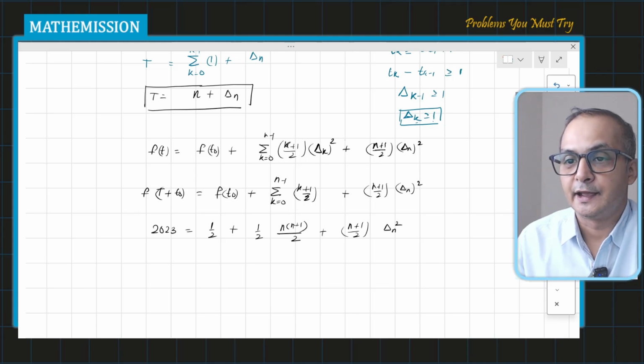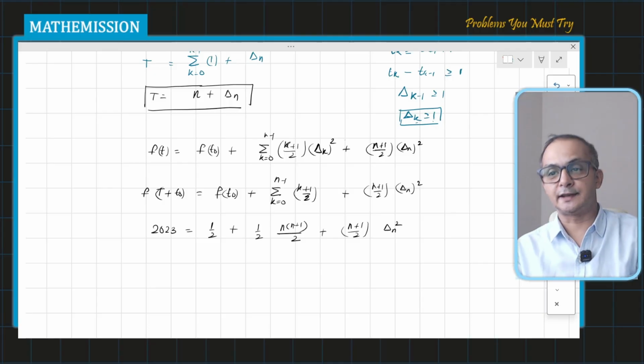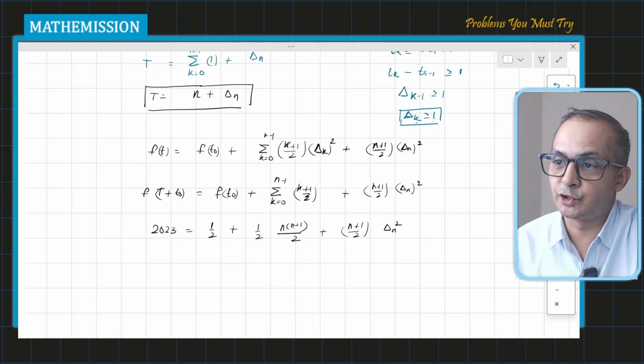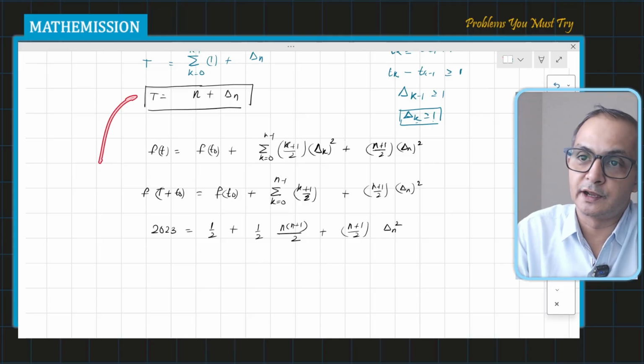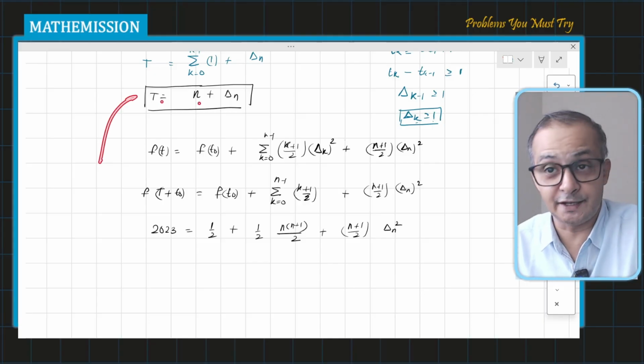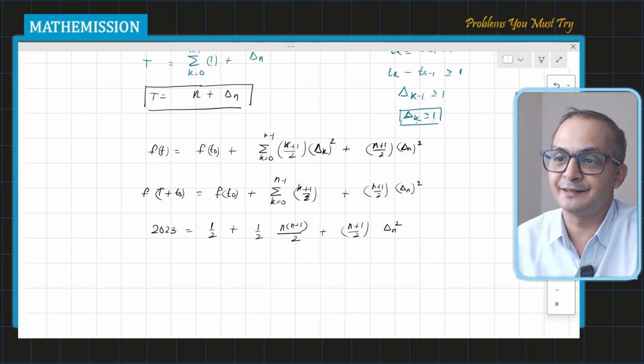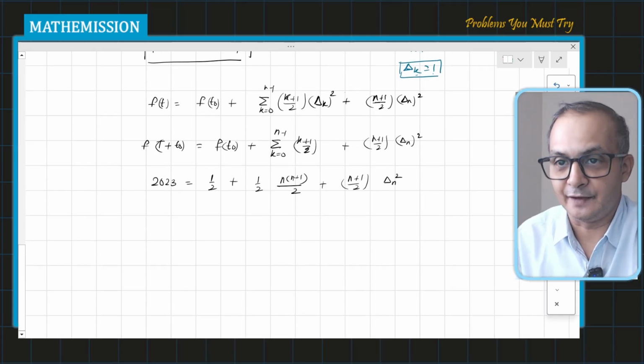So the idea is that if I can find the delta n in terms of n from this equation, I will substitute it in this equation and we get the smallest value of t. So our aim is to find the minimum value of delta n from this equation, and that is the main thing. So what is that going to be?